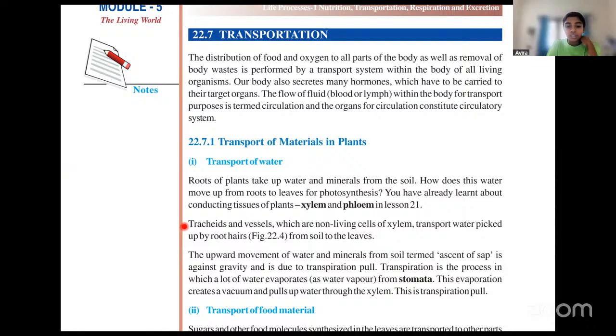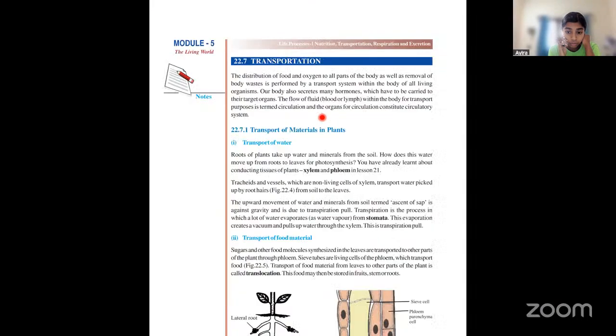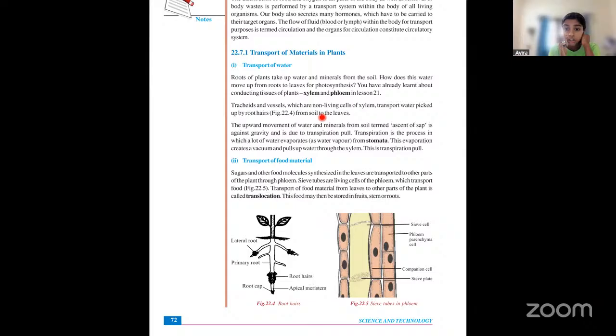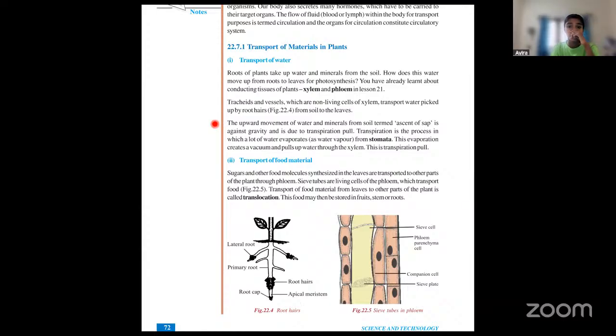Tracheids and vessels, which are non-living cells of xylem, transport water picked by root hairs, Figure 22.4, from soil to the leaves. The upward movement of water and minerals from soil, termed ascent of sap, is against gravity and is due to transpiration pull.